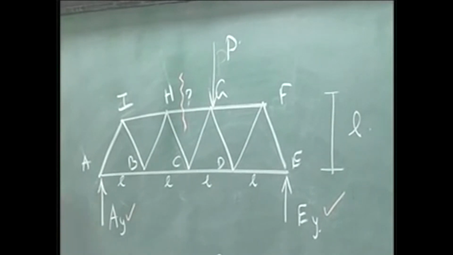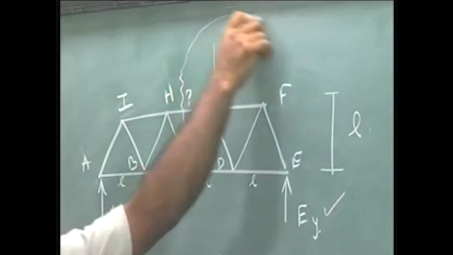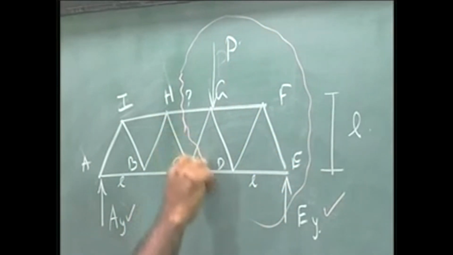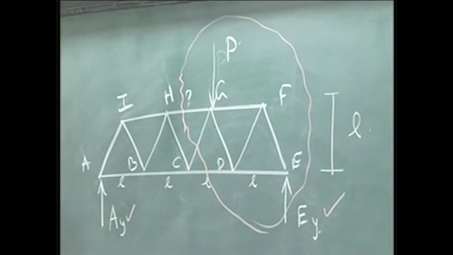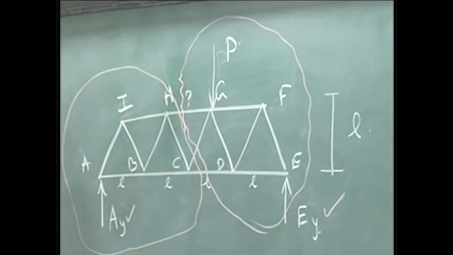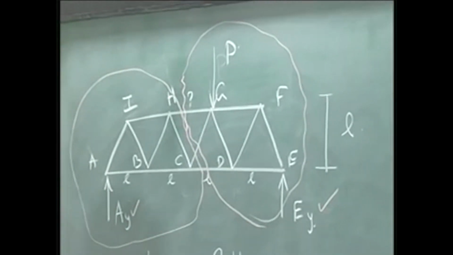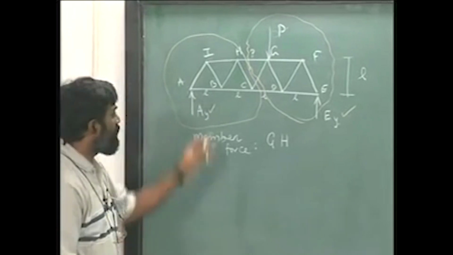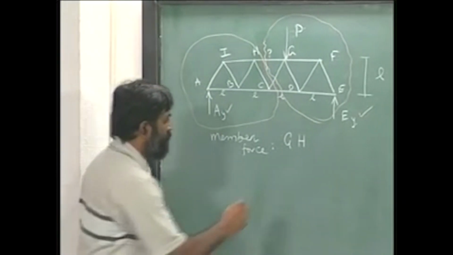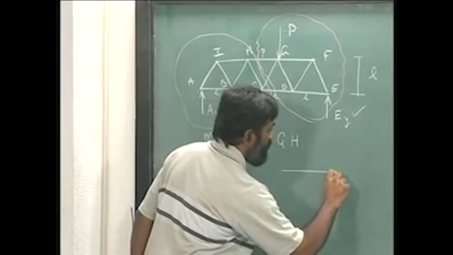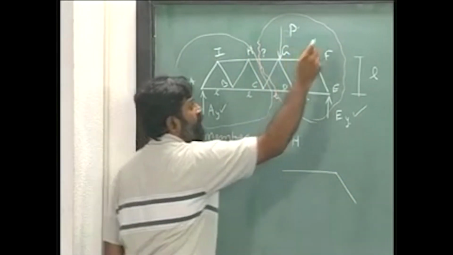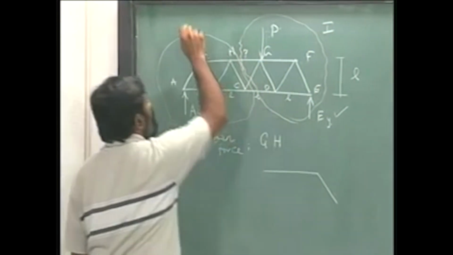How do I section? I can probably section in such a way that I take this side of it, or I could probably do like this, right. Let us see if that is a good section to find out the member force GH. Let me just draw that to make it clear. So I am just going to draw this section, I am going to call this section as 1, this section as 2.